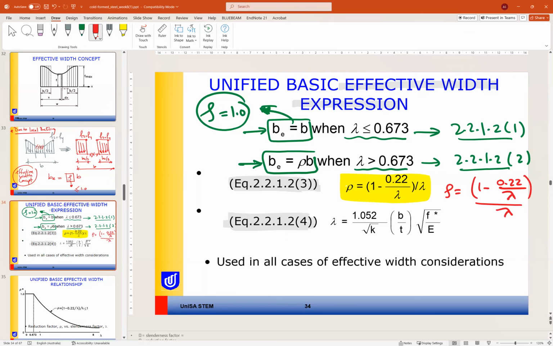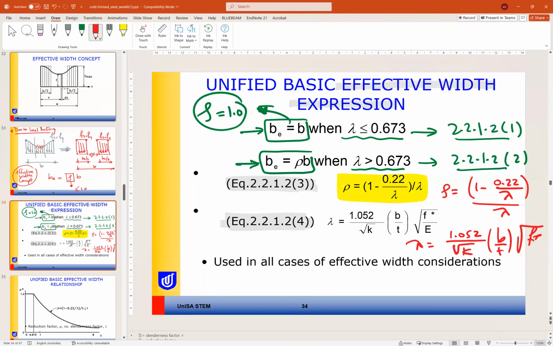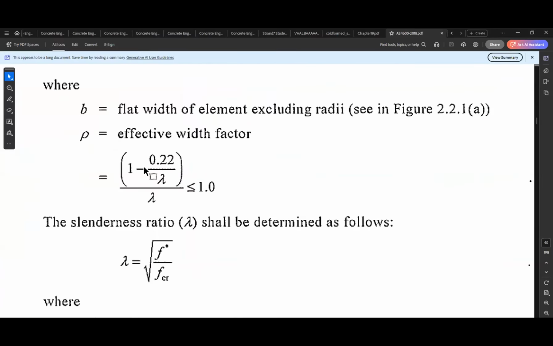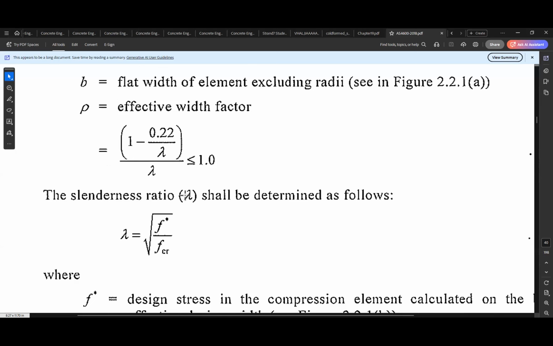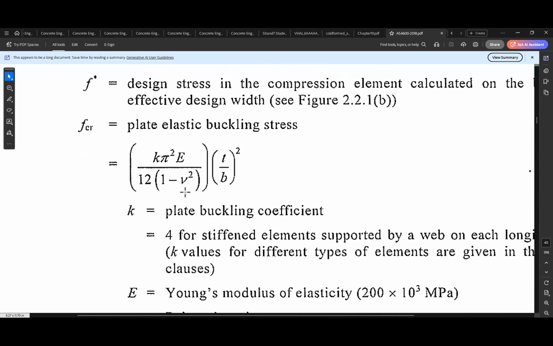And lambda equals 1.052 divided by root k, multiplied by B over T times root of F asterisk divided by E. These two formulas are again in the standard here. And as you know, rho should be less than or equal to 1 because it is a reduction factor.